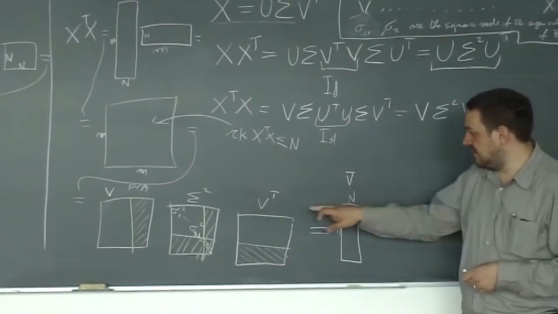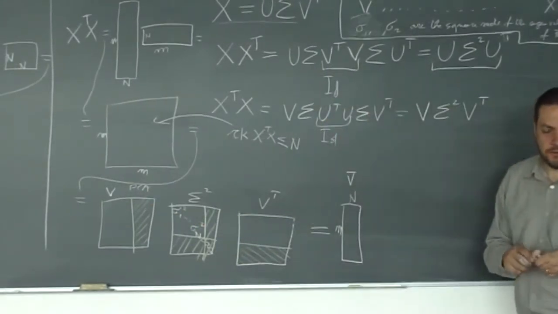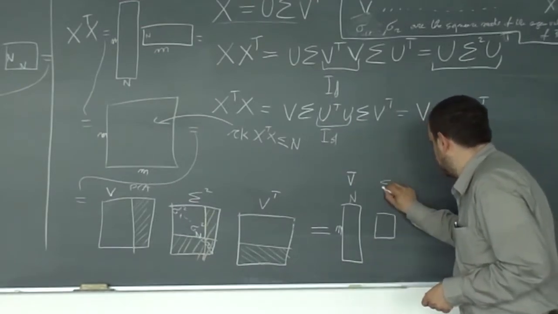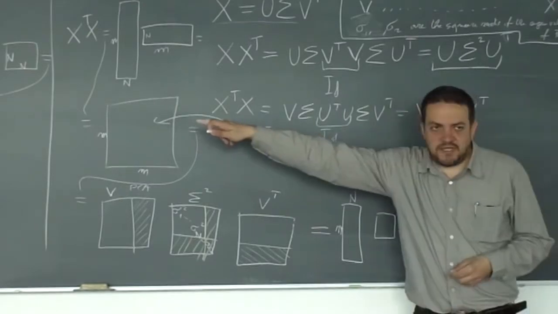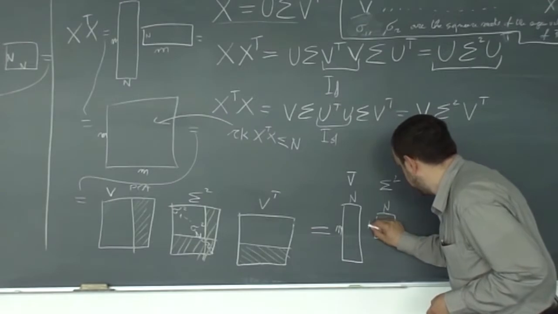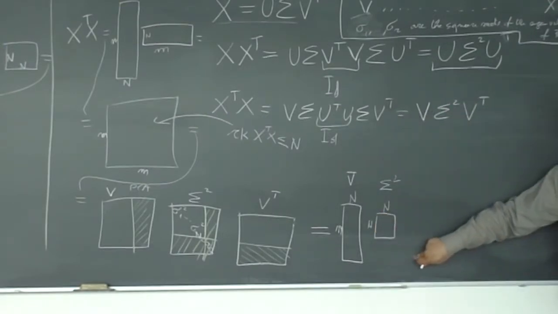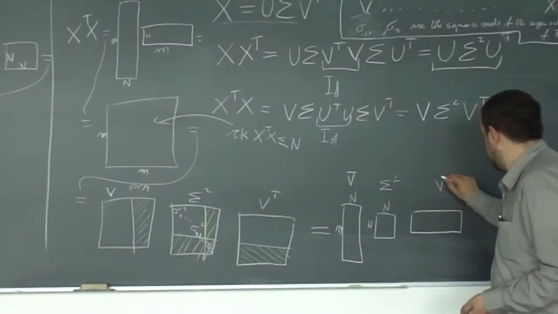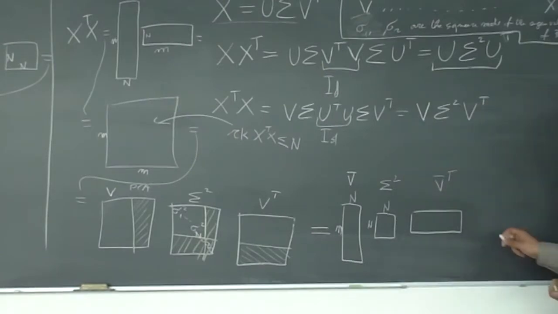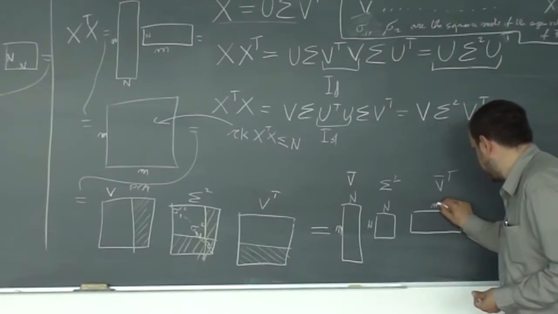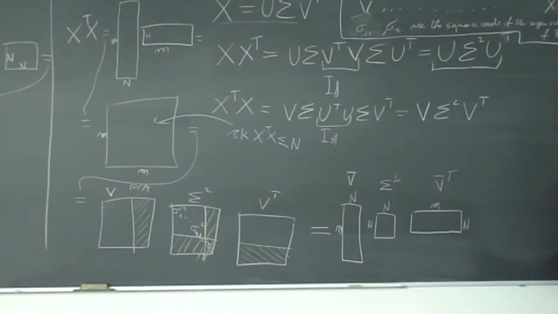It's exactly V removing the final columns, by the same sigma squared matrix as there. So an n by n matrix, because the other values are 0 and so are irrelevant, and here V dash transposed is an n by m matrix.